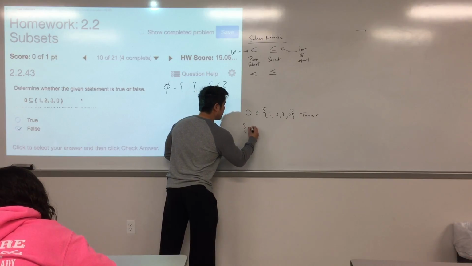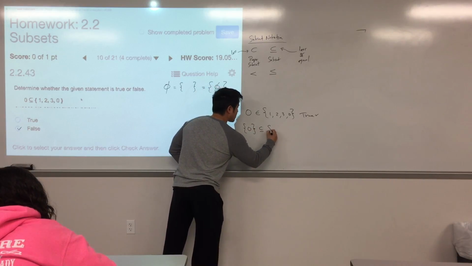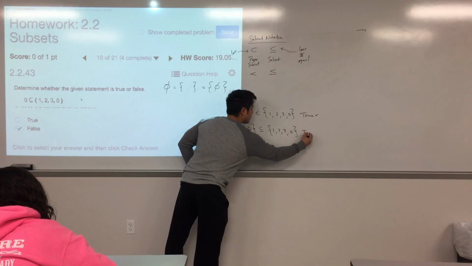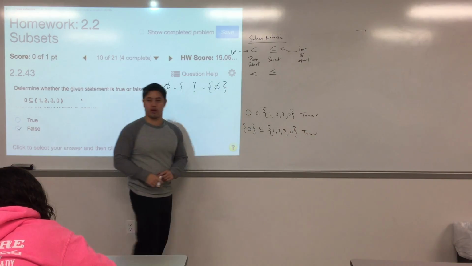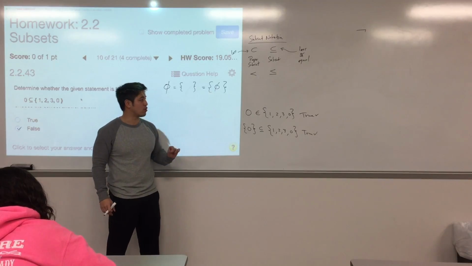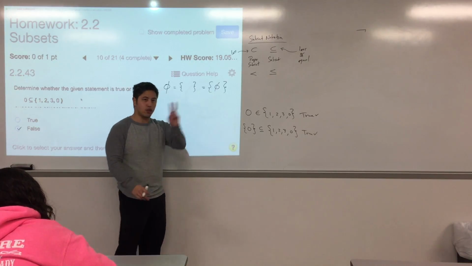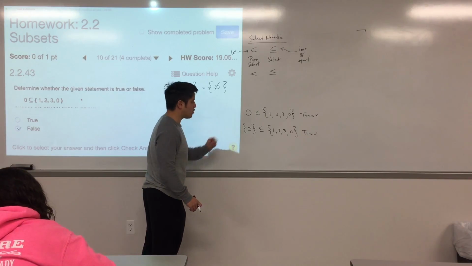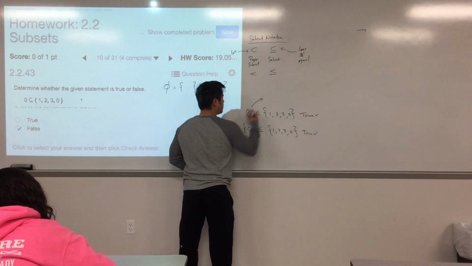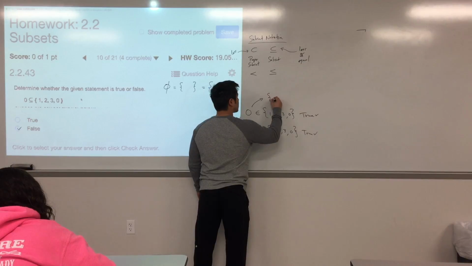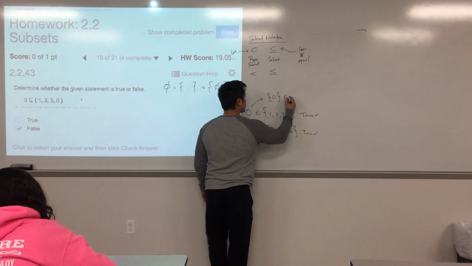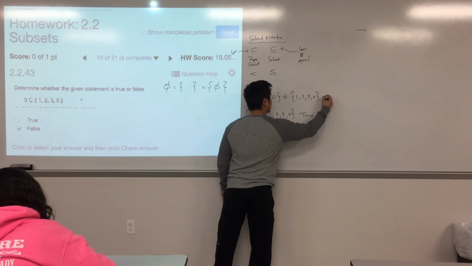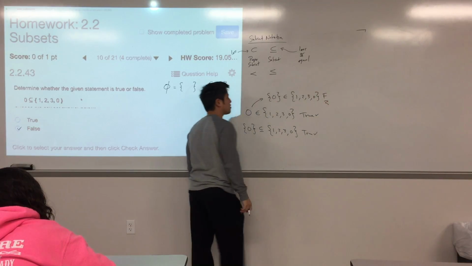So we know that if we're talking subset notation, that would be true. Everybody agree? That's true. Let me give you 2 examples of false. This is a big false.